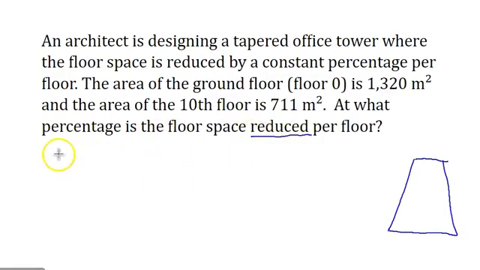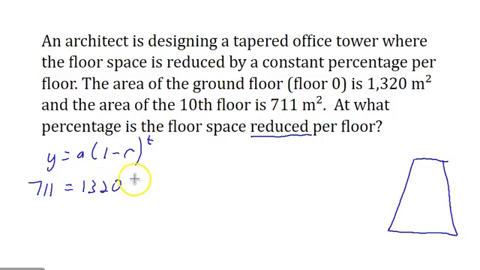All right, this will be exponential decay. And we want to end up with 711 square meters after starting with 1,320 square meters. We don't know the decay rate, but we're going to the 10th floor.